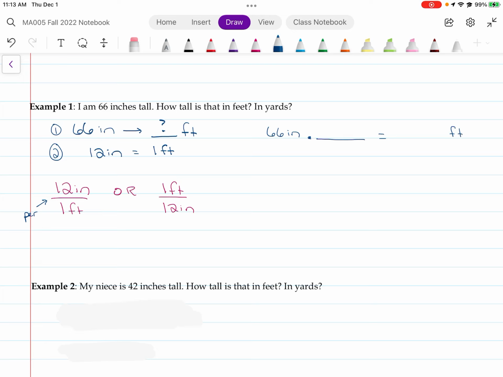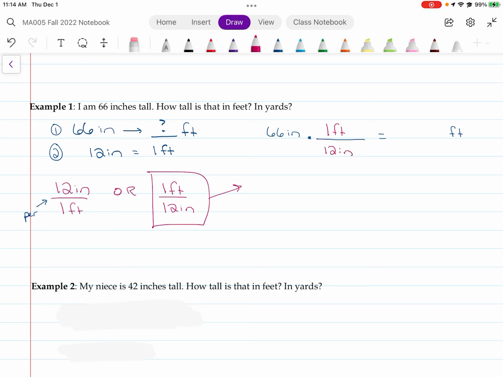All right, so now we need to decide which one we're going to use, the first one or the second one, so that inches cancels and feet is on top. Well, inches is only going to cancel if the inches is down here. And we want the feet on top. So I am going to choose this one right here, and I'm going to put it in as my conversion factor, 1 foot per 12 inches.